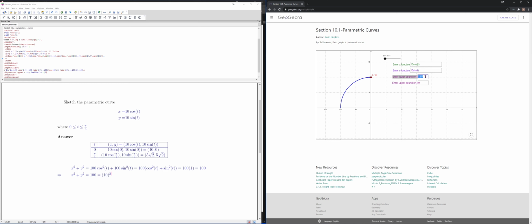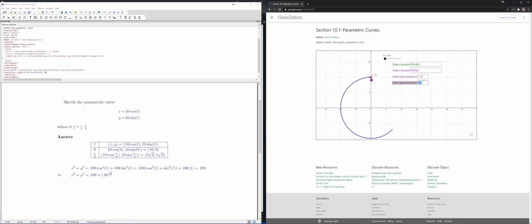And the next example here is... okay. So if I now use 7 pi on 4, right?